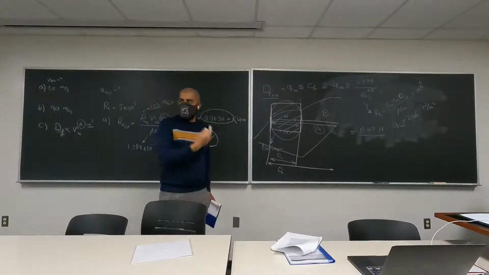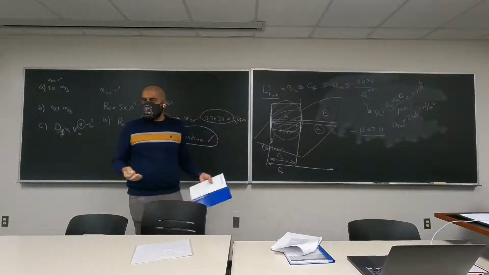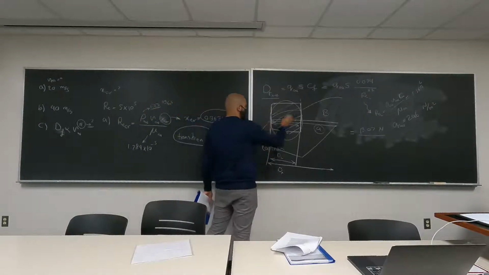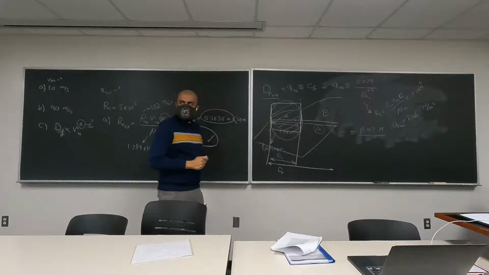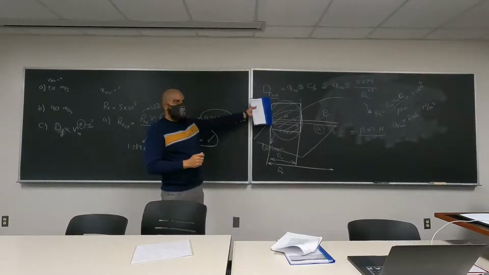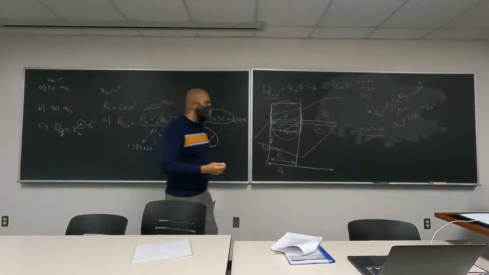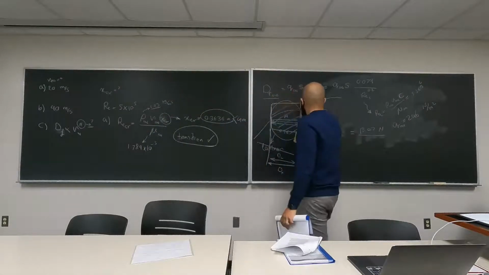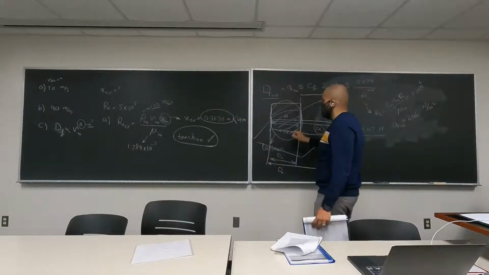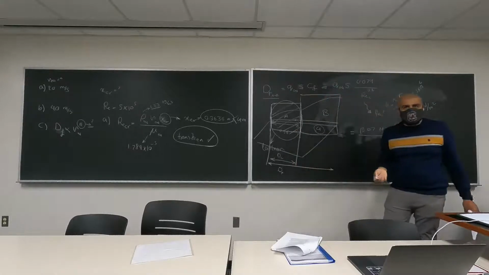Then we calculate the drag force for this plate, and then subtract it from the total turbulent drag here. That will give you only the turbulent drag force in part B. Does this make sense? Okay.